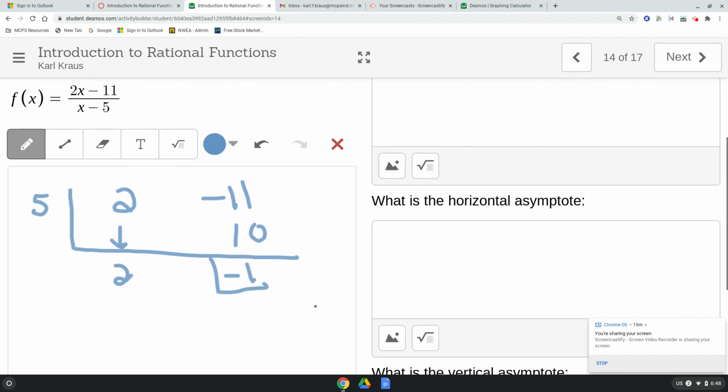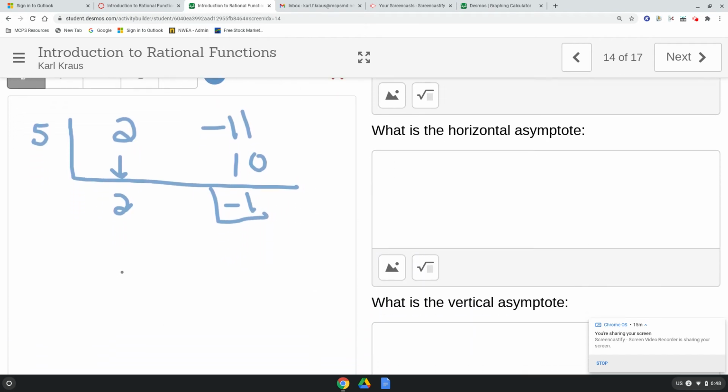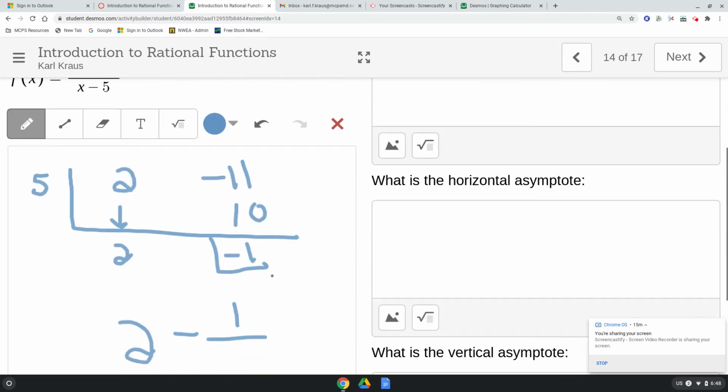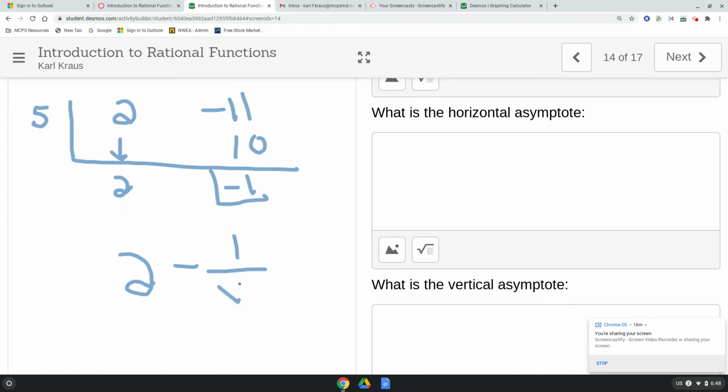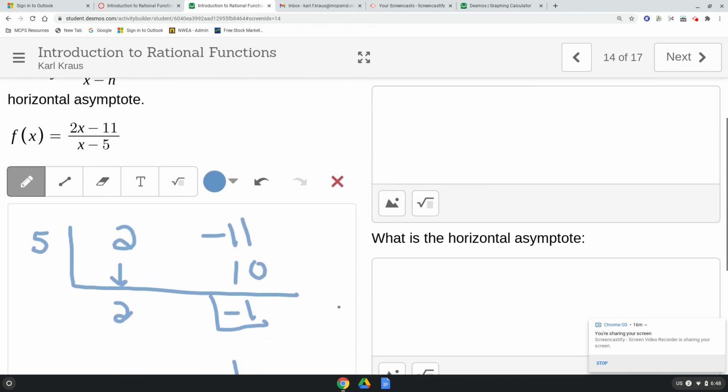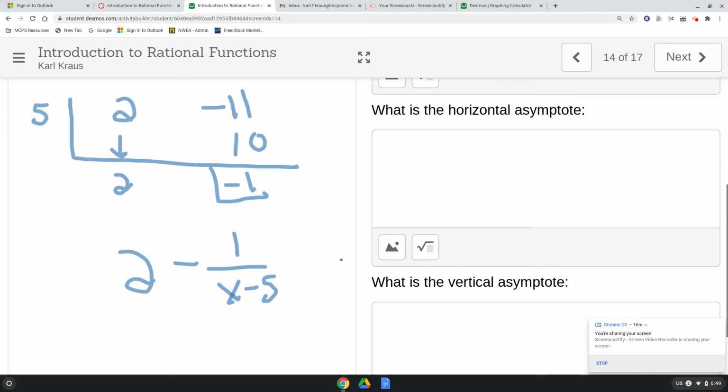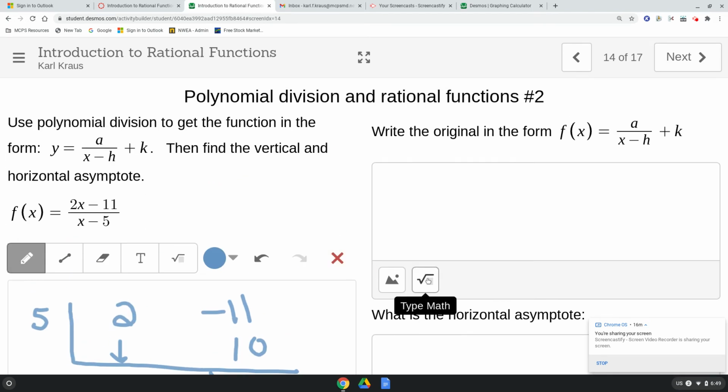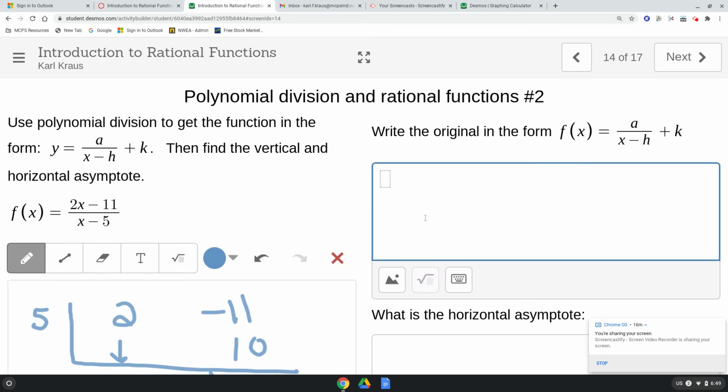And negative 1. So you get 2 minus 1 over the divisor here, which would be x minus 5. So if I write this with the negative 1 over x minus 5 first, then it looks like this.